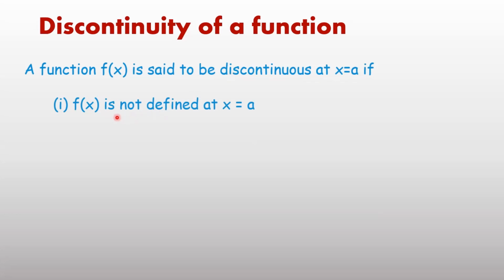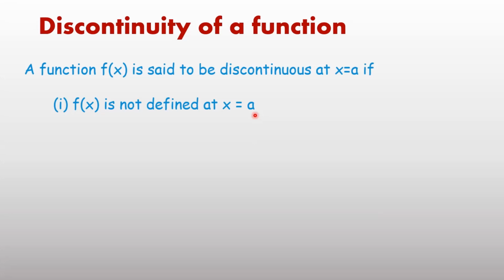First, f(x) is not defined at x equal to a. For example, if f(x) equals 1 upon x, if we put x equal to 0, then the value of f(x) will be 1 upon 0, and 1 upon 0 is not defined. It implies the function f(x) is not defined at x equal to 0.